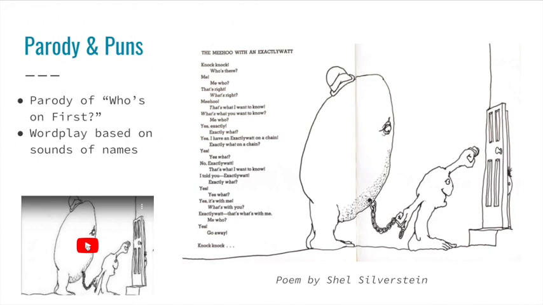So that elaborate wordplay and pun based around last names or individuals' names or what something or someone is called ends up creating this fun little dynamic in this poem by Shel Silverstein.